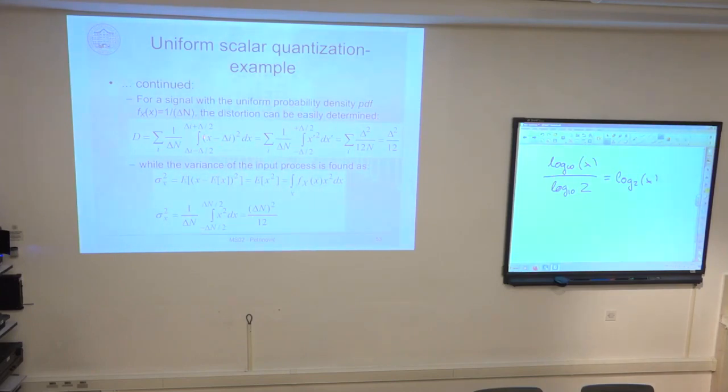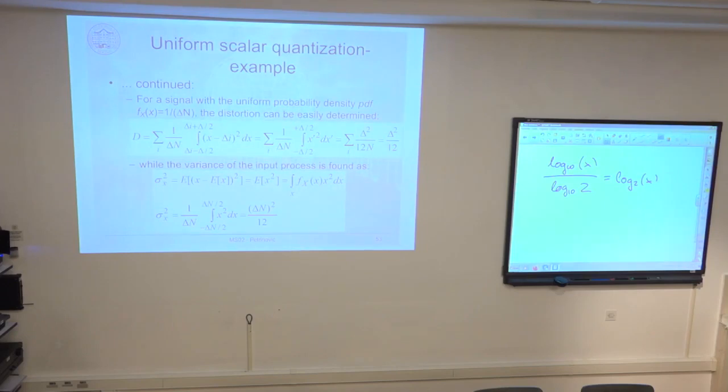Then this is x, the real value, and this is the quantized value. This quantized value is always step size times this integer I. For the first interval, this integer I is equal to -2. Okay? And then I have to integrate this. But before I integrate, I will introduce a substitution.